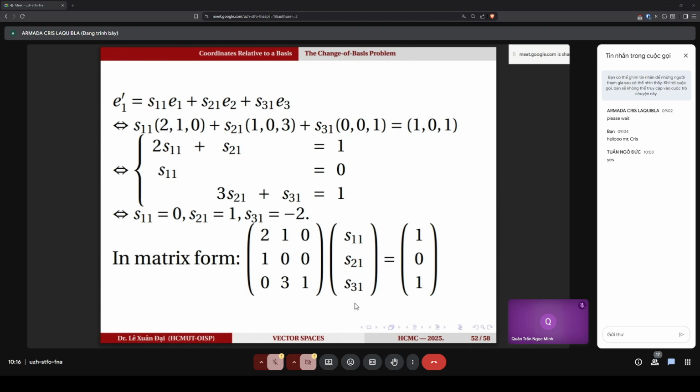You form the augmented matrix, right? So 2, 1, 0, 1; 1, 0, 0, 0; 0, 3, 1, 1. Then after that, class, form this 3 by 3 matrix, transform this into an identity matrix so that you can get their values.